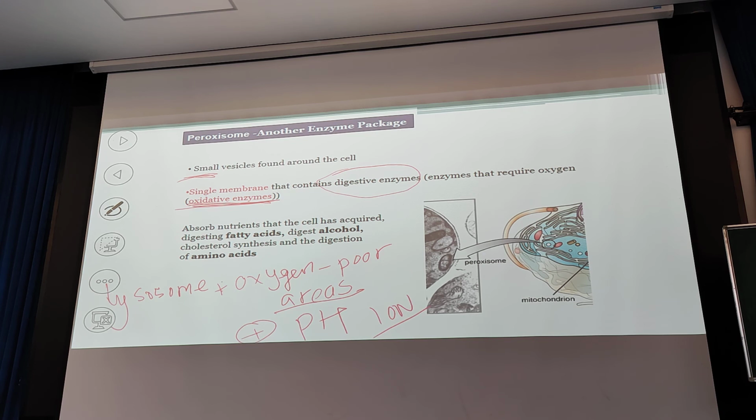If they come from different sources, can you get the source? One comes from the rough ER: the enzymes of the lysosome come from the rough ER, and the enzymes of the peroxisome, where could they come from?